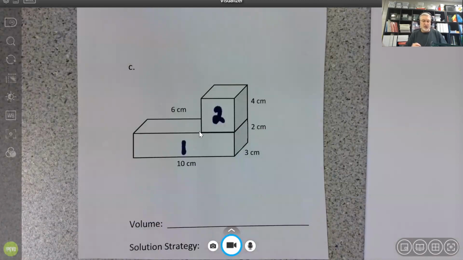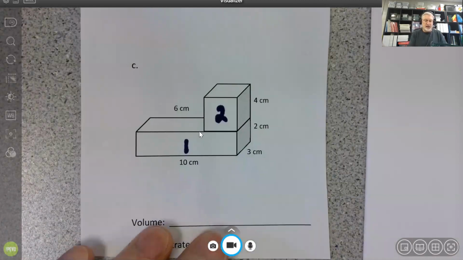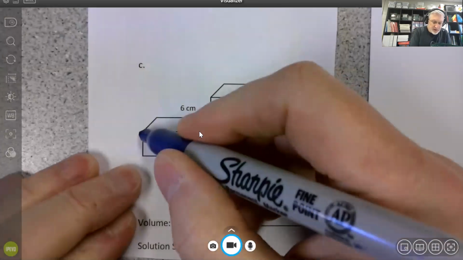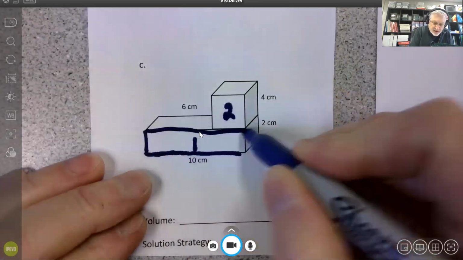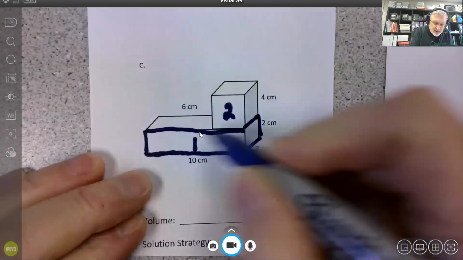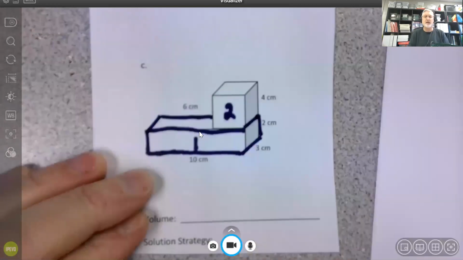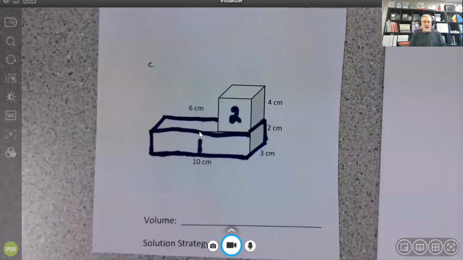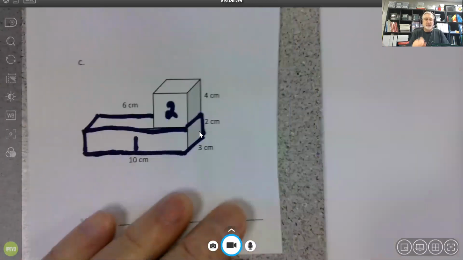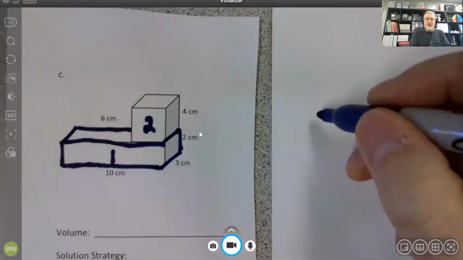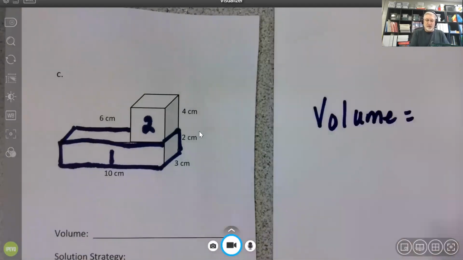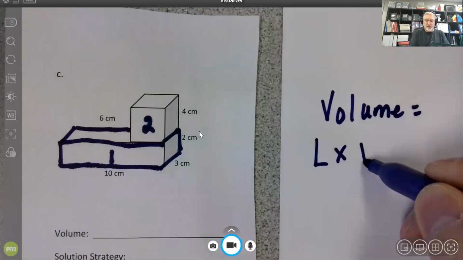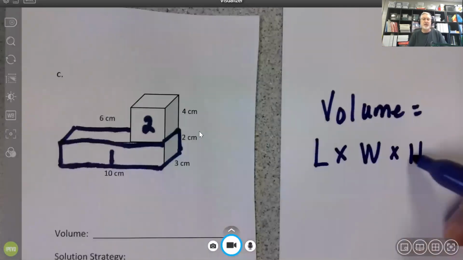I'm going to look at shape number 1 first, and it's the one on the bottom. I'm going to highlight that shape so I can see it really well. Now I'm going to look at volume, which we already know is length times width times height.